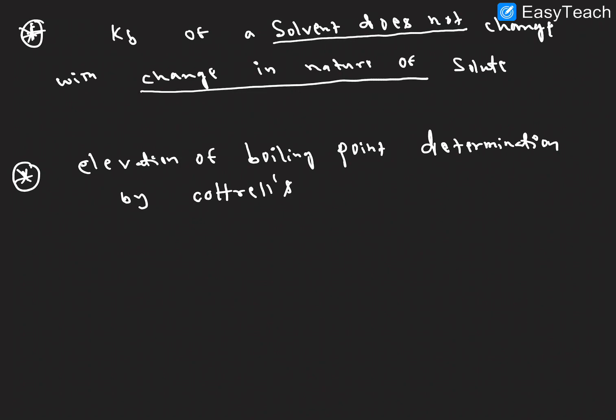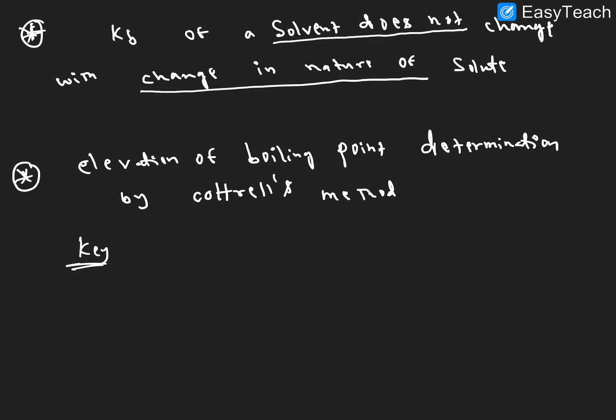A simple trick: Cottrell is a West Indies bowler, so that name we can remember. So the method used to determine the elevation of boiling point is the Cottrell method.